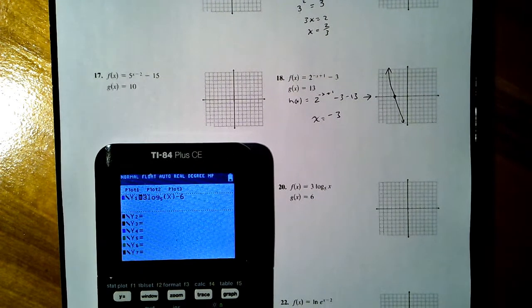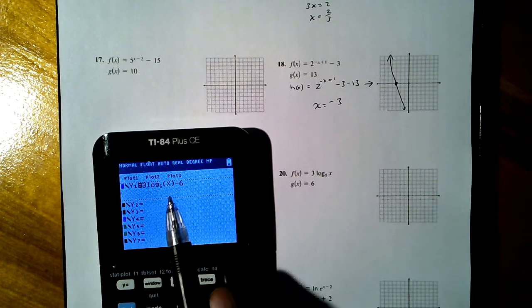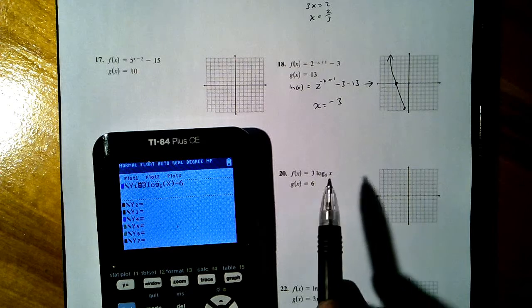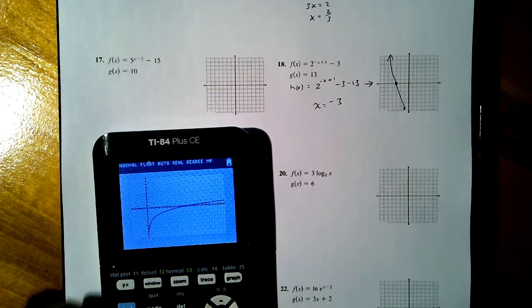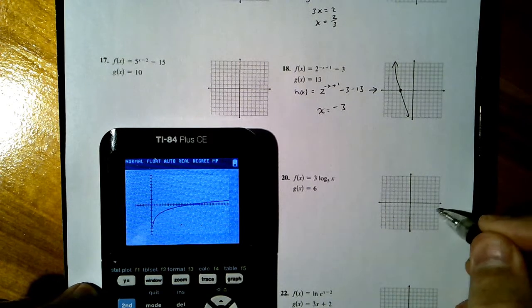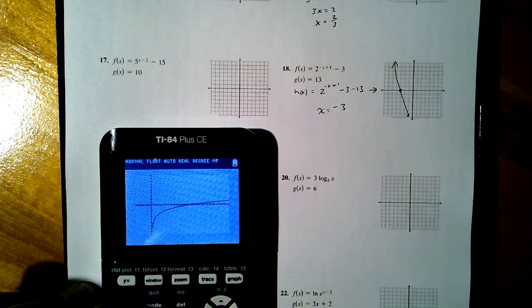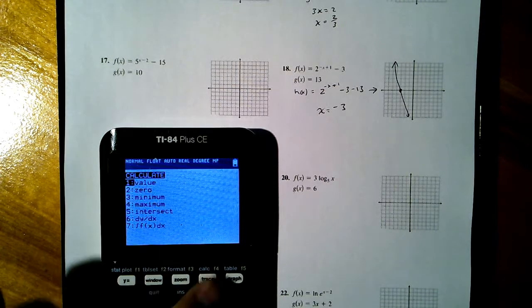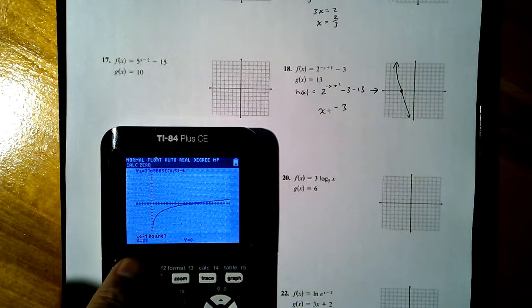Here's my y equals. In case I didn't bring that into focus, we've got 3 log 5 x minus 6. We graphed it, and we found out, just putting it all together here, we've got a graph. I don't know what scale we should use, because we found out with second calc 0 that our 0 was at 25.